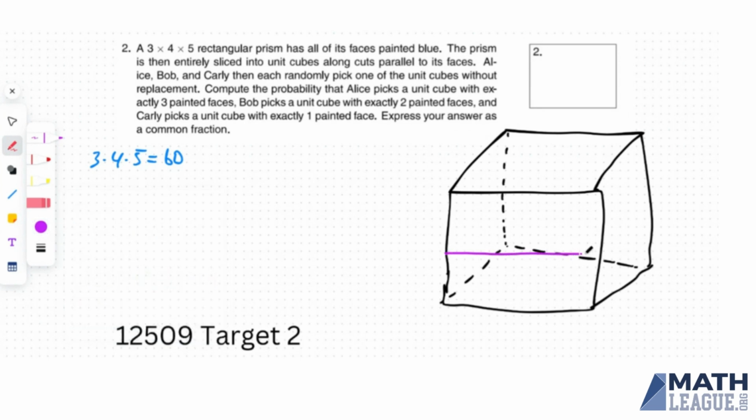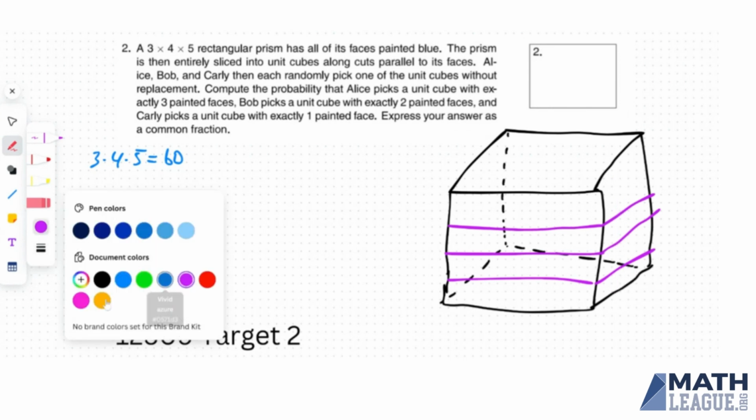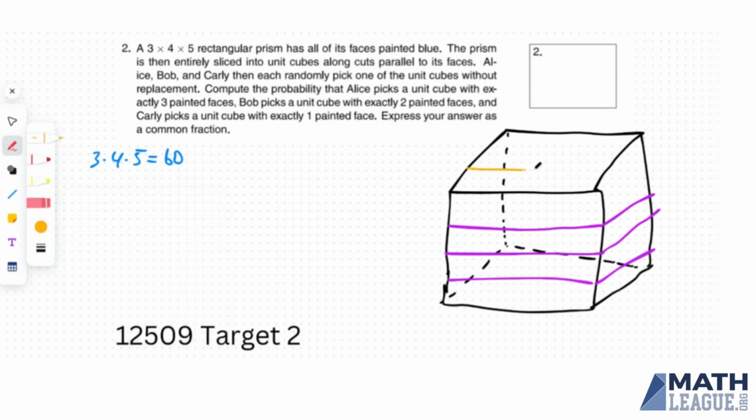Now, when we cut this along into unit cubes, I'll make the cuts all in different colors. Sorry, not 4 cuts. That was 3 cuts that way, 2 cuts in this direction, and then 4 cuts in the other direction.